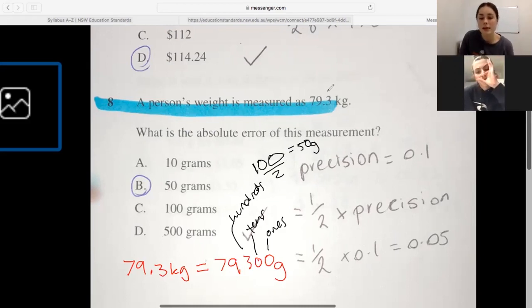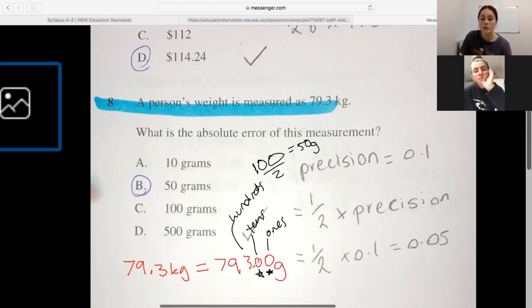But yeah, it's understanding what the smallest unit of measurement is. That's the hardest part. Because once you find the smallest unit of measurement, it's just half that. And so it's 50. Because there's no number in the 1 section, and there's no number in the 10 section.